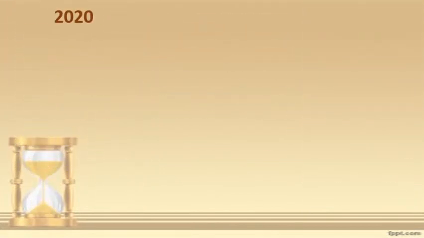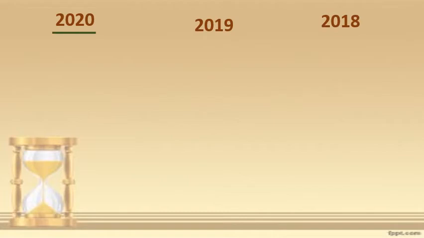See, I will write here 2020, 2019, 2018. Now I will divide this by 4, this also by 4, and this also by 4. And I will show you one magic.